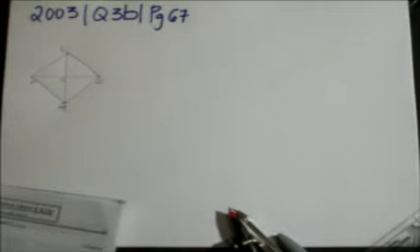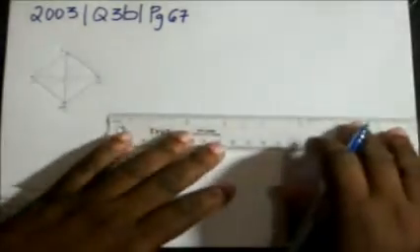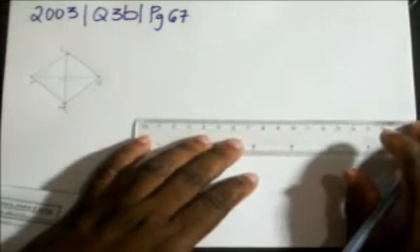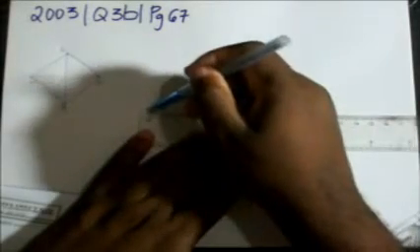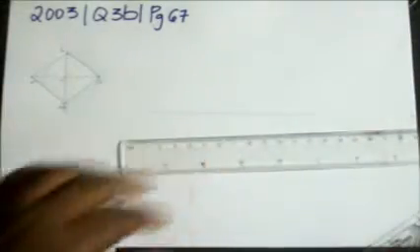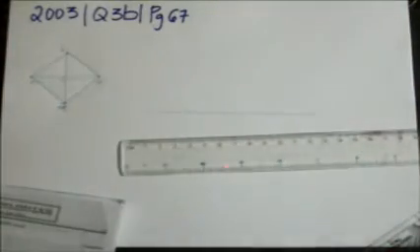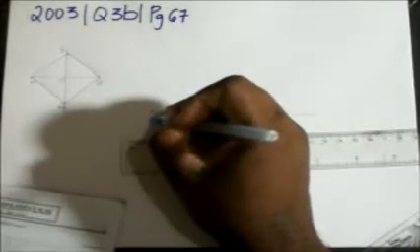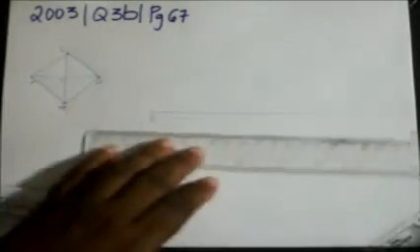line segment PQ that is 7 centimeters long. How do we go about that? First we start off by drawing a line that is longer than 7 centimeters. Then, on the left hand side of the line, I'm going to mark off a point P. Then I'm going to open my compass to 7 centimeters.